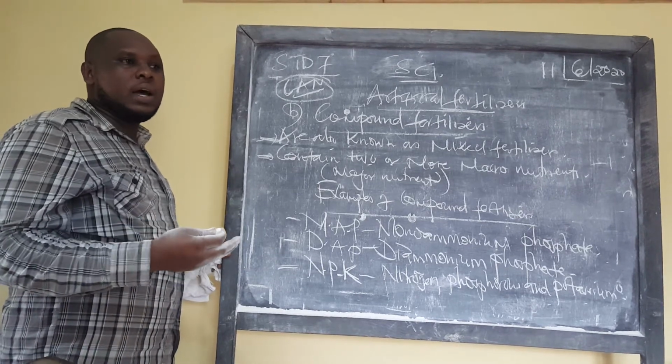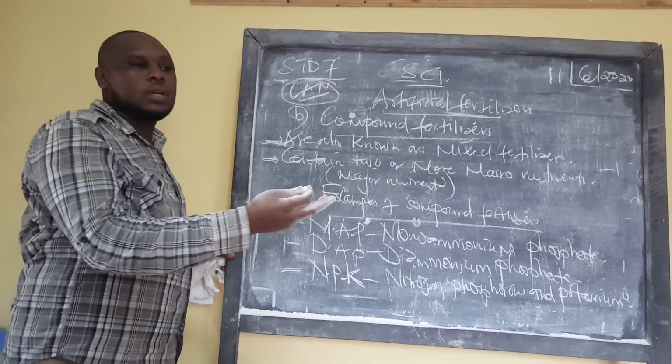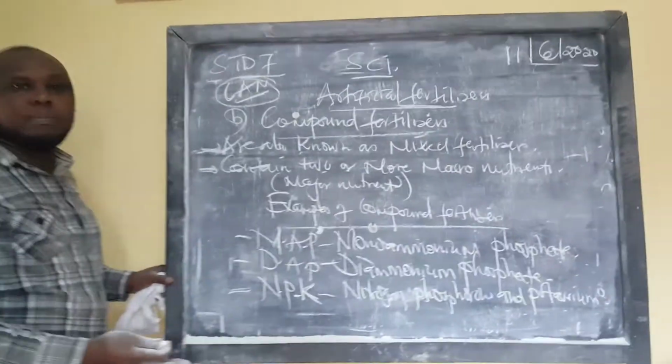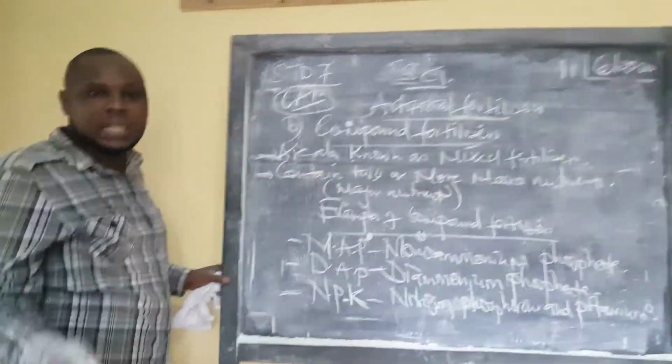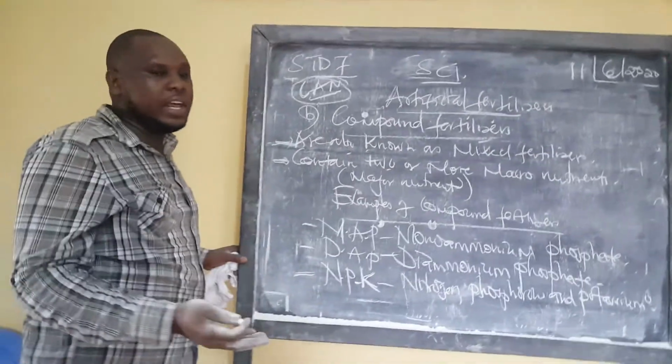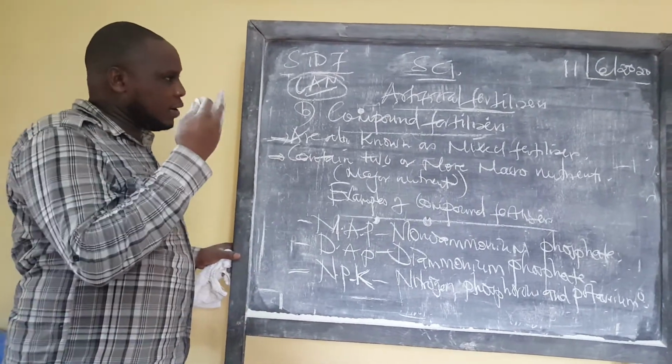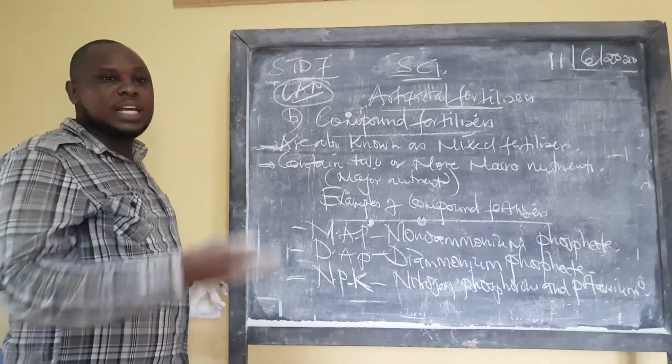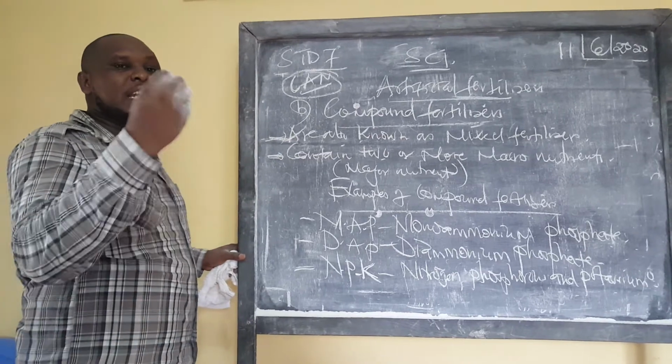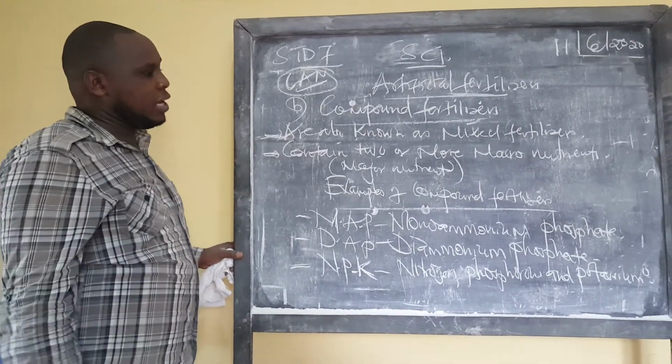We can't say whether farmyard manure has nitrogenous or potassic macronutrient. But in artificial fertilizers, you can say this is a nitrogenous fertilizer, meaning that it has nitrogen as the main nutrient.